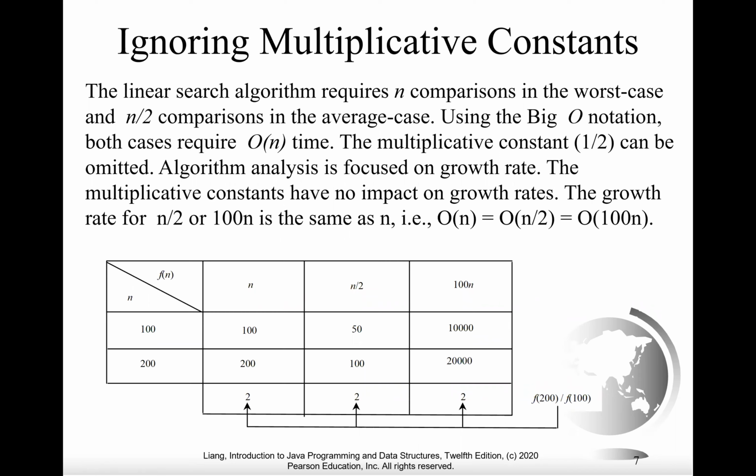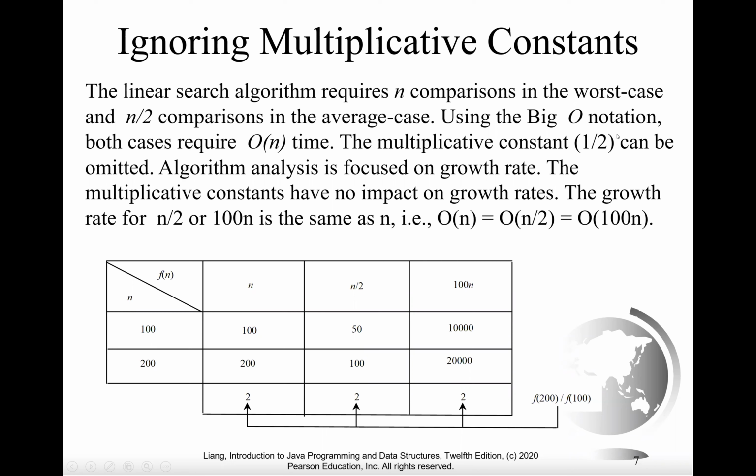Now for the big O notation, we can simplify the notation. The linear search algorithm requires n comparisons in the worst case, and n over 2 comparisons in the average case.